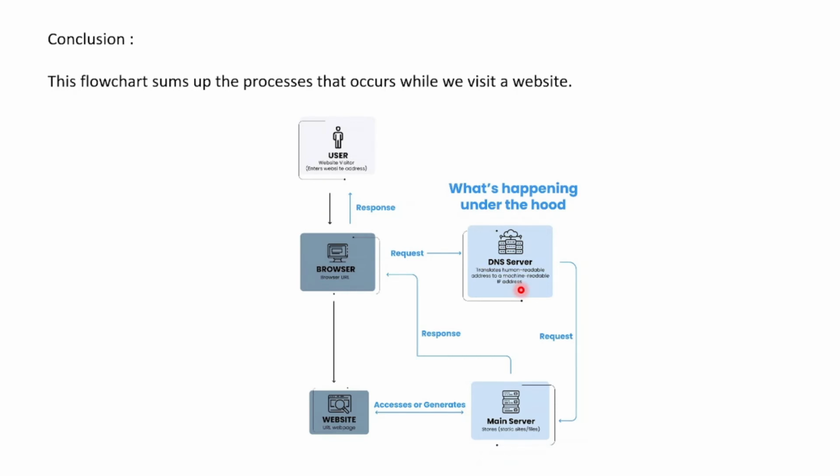It contains the domain names of everything. So it will match the domain name with the IP address, and then it will make the request to the main server. So what will happen is that the main server will create a gateway, or you can say create the access for you, and the response will go back to the browser so that the browser can see the website. It is quite simple.